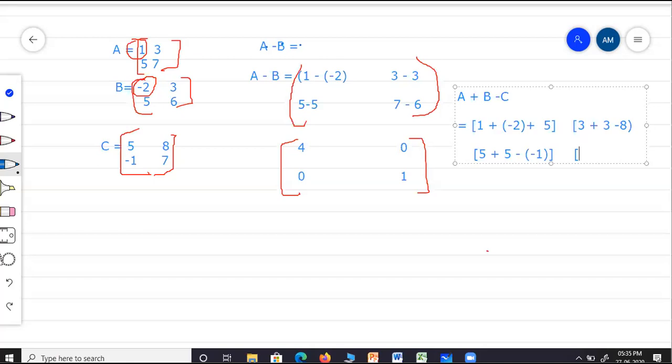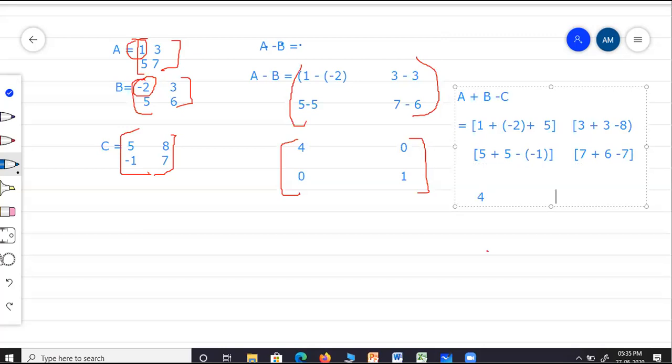Now the answer: 1 plus minus 2 minus 5 is minus 1, and minus 1 plus 5 is 4. The answer is 4.